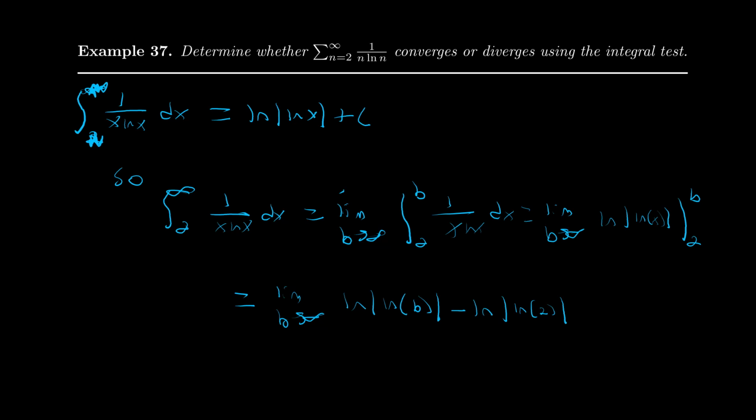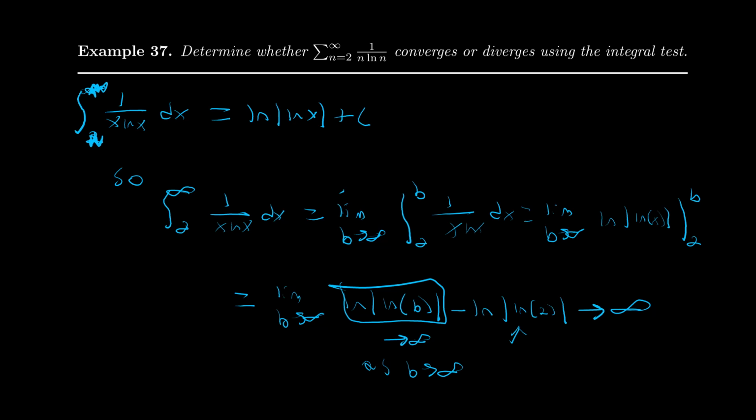Which goes to infinity, because as b gets infinitely big, this guy gets infinitely big. And this is just a very small number. So an infinitely large number, this goes to infinity as b does. Very slowly, insanely slowly. But it does go to infinity. So then this whole thing goes to infinity.